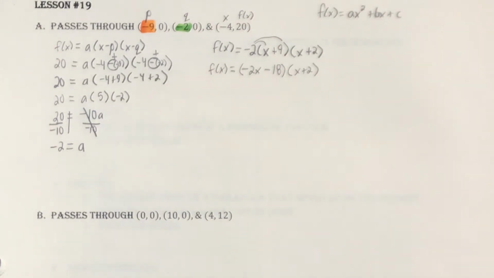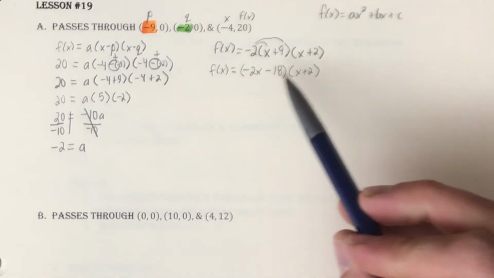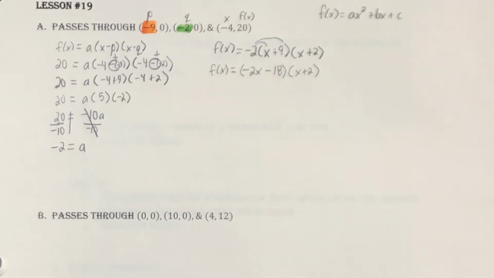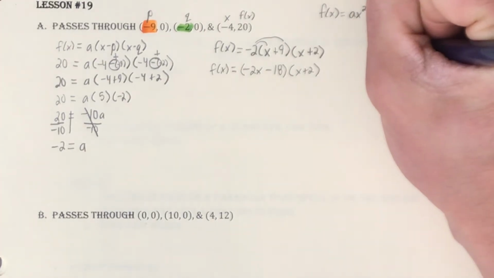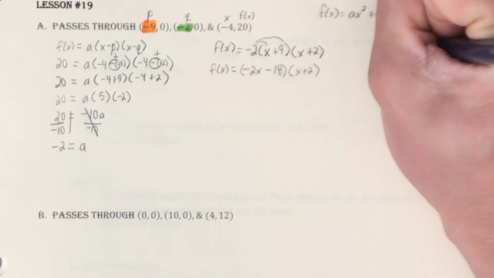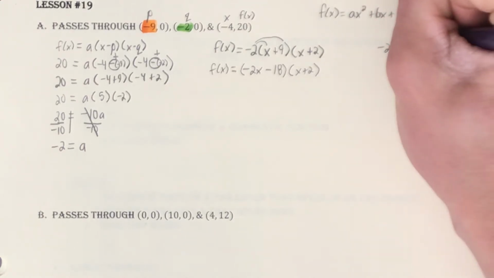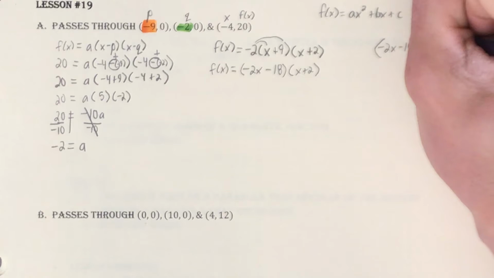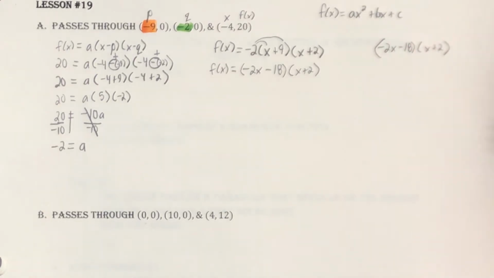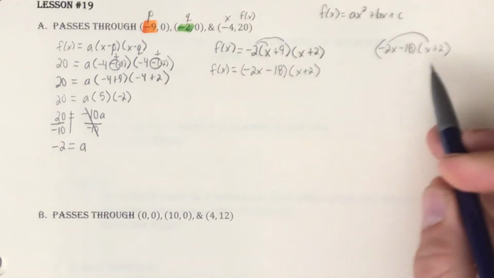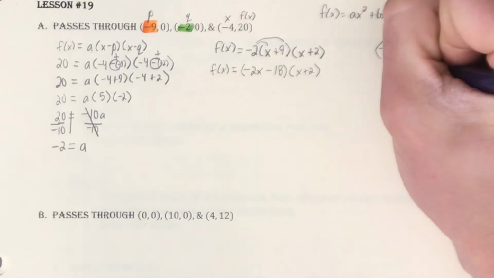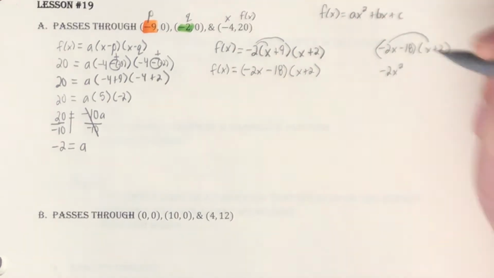So then after that, my next step, I've got more multiplication. What you may notice is it's a binomial times a binomial, which means we need to use FOIL at this point. So I'm going to go ahead and out to the side here, I'm going to do my FOIL. So I've got negative 2x minus 18 times x plus 2. And I'm going to do my FOIL. So first term times first term. So negative 2x times x is negative 2x squared.